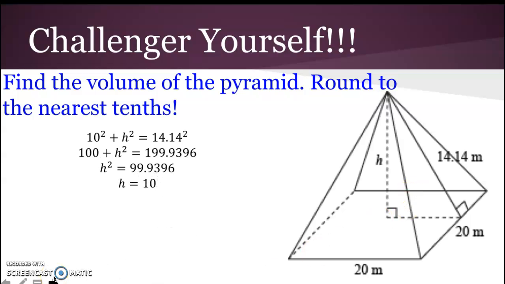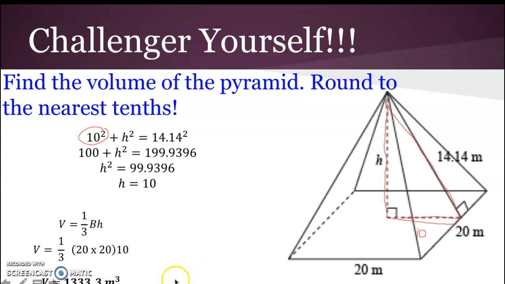Now, the first thing you should be doing, which I did for you, is Pythagoras theorem. Now, where is this 10 coming from? Remember, if the entire thing is 20, and this right here is 10, and you're using Pythagorean theorem on this right triangle right here, and it works out that the height is 9.9 something, and we round it to the nearest tenth, and then you go ahead and substitute that into the volume formula.